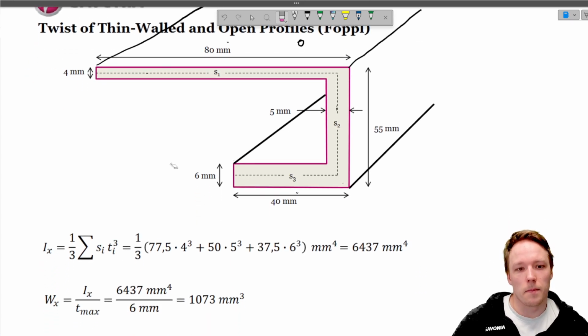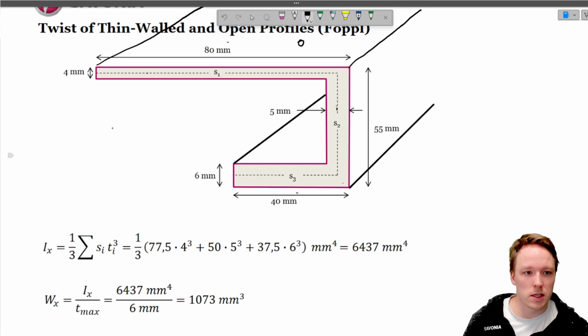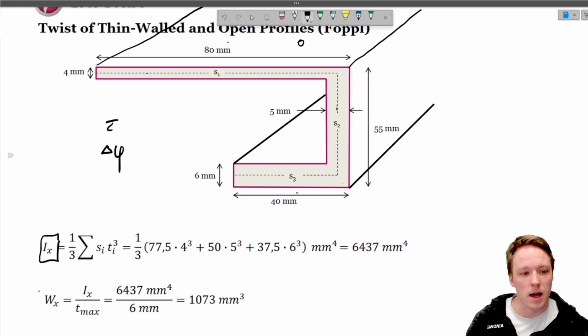Well, the formulas which we have used before for the shear stress and the change of the angle still apply for open thin-walled profiles. We just need to know how we can calculate the Ix, which is needed to calculate the twist angle, and the Wx, which is needed to calculate the shear stress.